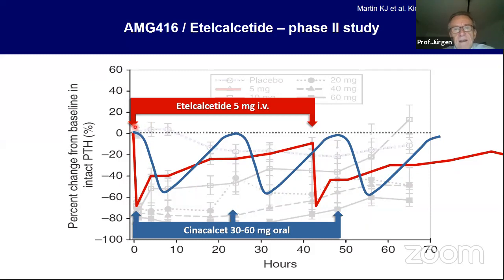So unlike etelcalcetide, you have much more rapid swings here of the PTH. Whether this has the same effect on bone, this slow swinging, or this much more rapid swinging, we don't know yet. And I hope that one day we will have a bone biopsy study to look into this.